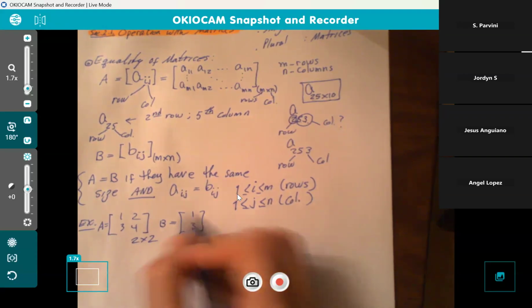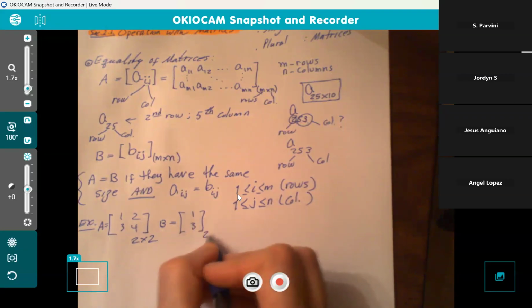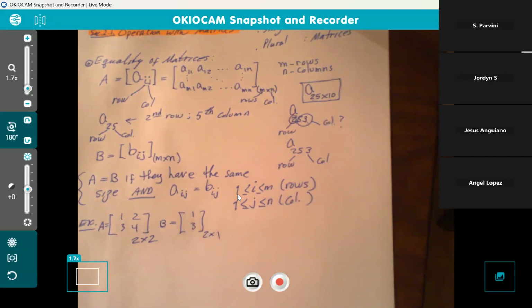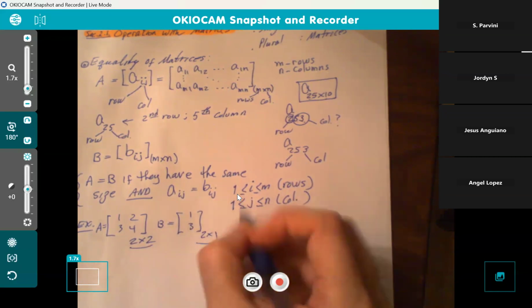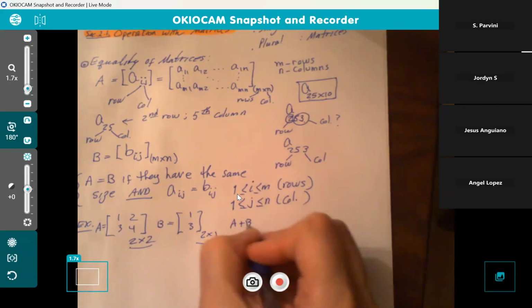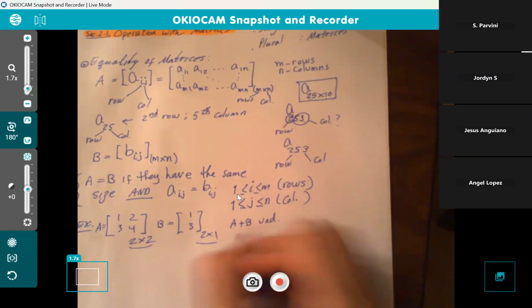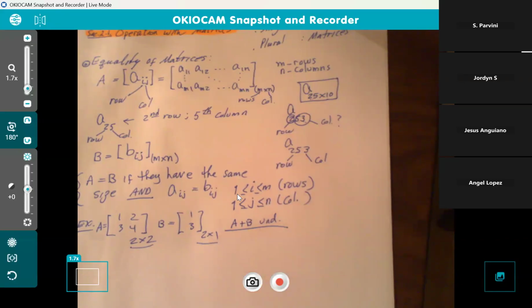And what about B? B is 2 rows, 1 column, right? 2 rows of a single column. So you see how they have different size. Therefore, if I want to do A plus B, this one is undefined. We cannot do A plus B because I don't have corresponding elements to combine with. They don't have the same size.